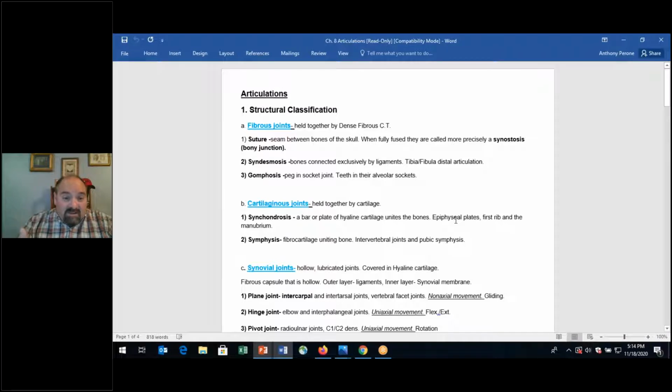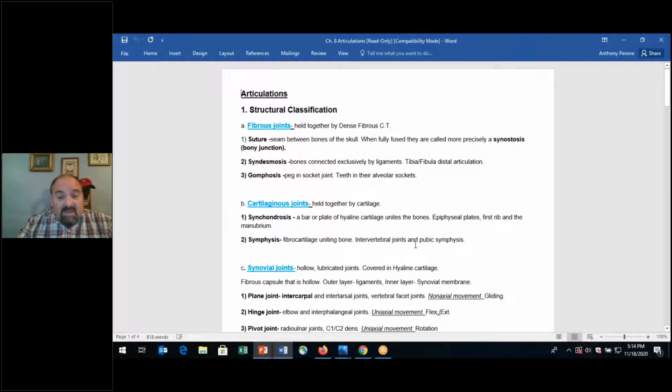The growth plate, also known as the epiphyseal plate, over time, after we hit puberty and stop growing, will ossify and just become bone. All that'll be left is an epiphyseal line that can be seen on X-ray. The first rib and the manubrium would be considered a synchondrosis, with very minimal movement, if any.